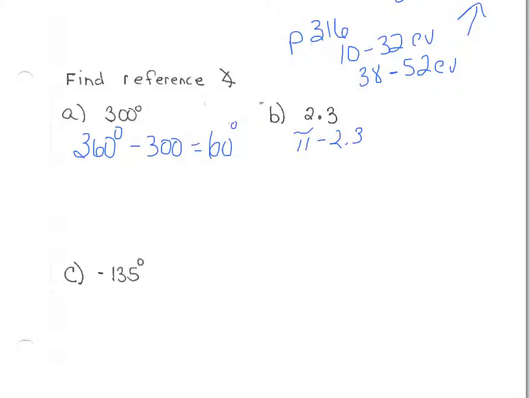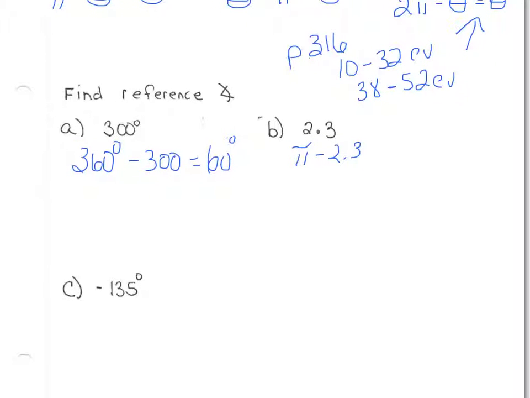I want to go ahead and show you this last angle. Notice it's a negative angle. If you're not sure what quadrant that negative angle ends up in, the easiest way is to change it to a coterminal positive angle. So we would add 360 to this angle, which means you're subtracting.